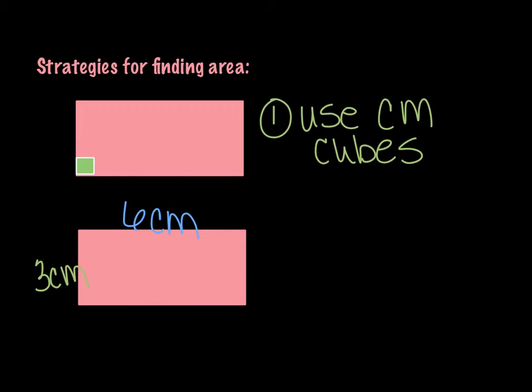We're trying to find the area, which would be this area in here. Inside the rectangle is our area, not the outside, so we're not going to add the numbers. So we are going to multiply, however. So to find the area of this rectangle, we are going to take the length times the width.